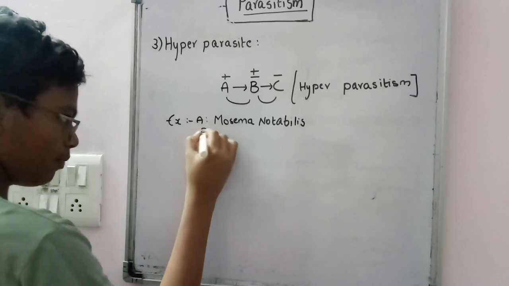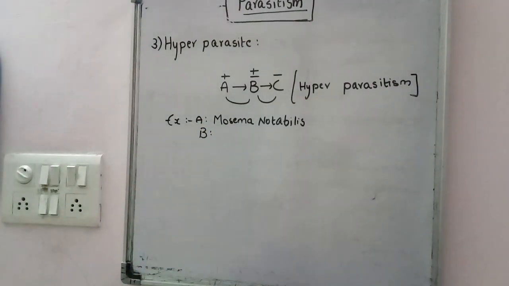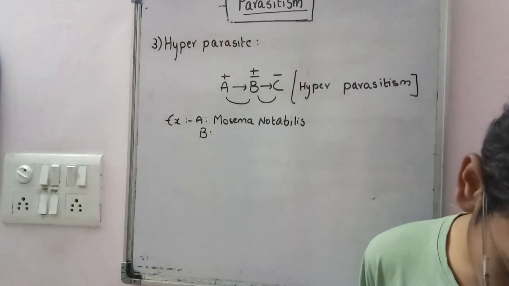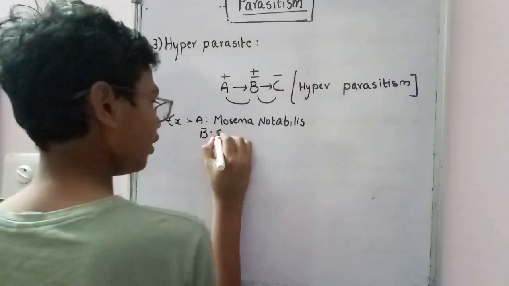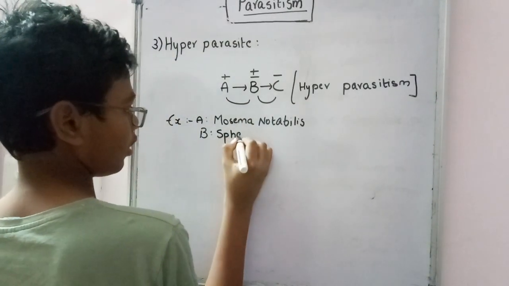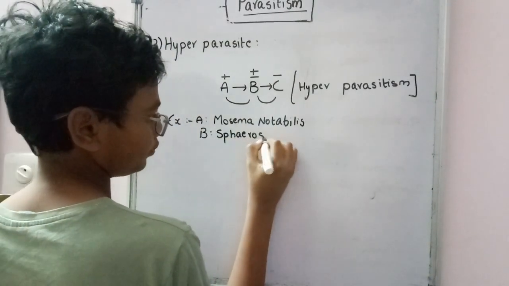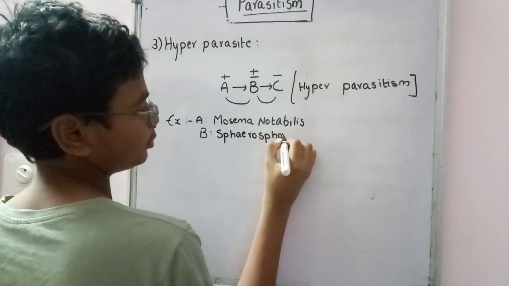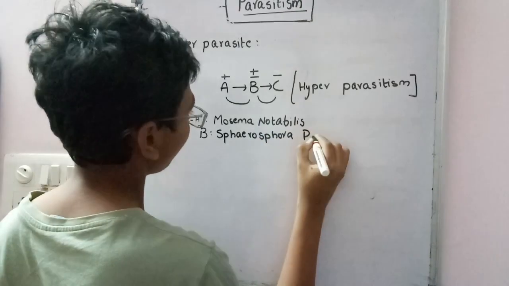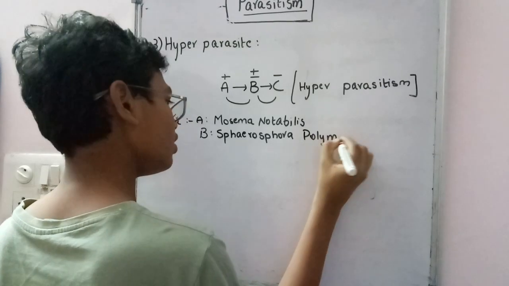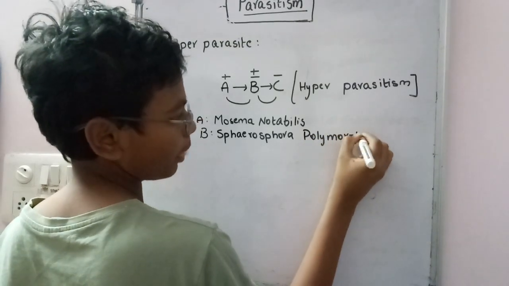Then you go to B, you'll get Spirospora polymorpha.